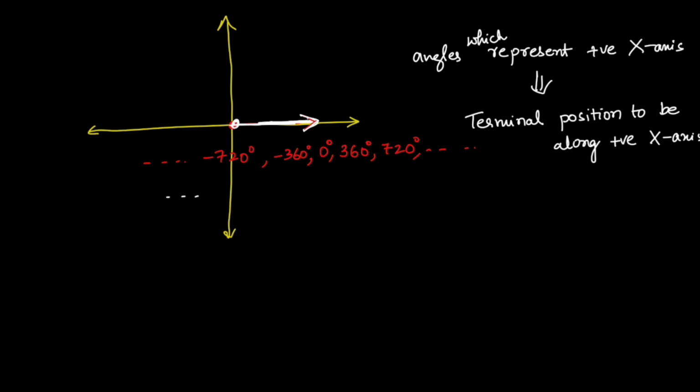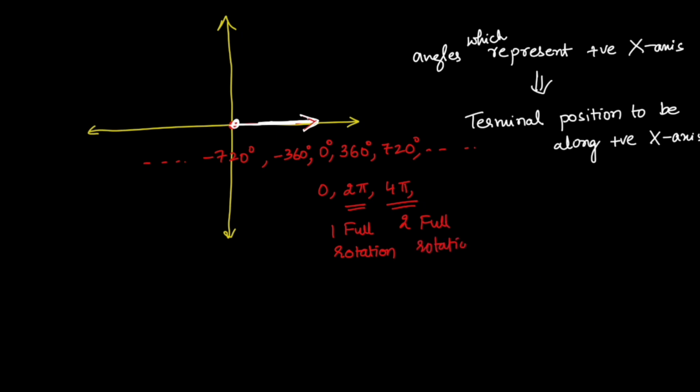If you observe this, they are basically multiples of 360. Let me convert them into radians. 0, 360 degrees is 2 pi radians, 720 degrees is 4 pi radians. 2 pi is one full rotation in anti-clockwise direction. 4 pi means two full rotations.